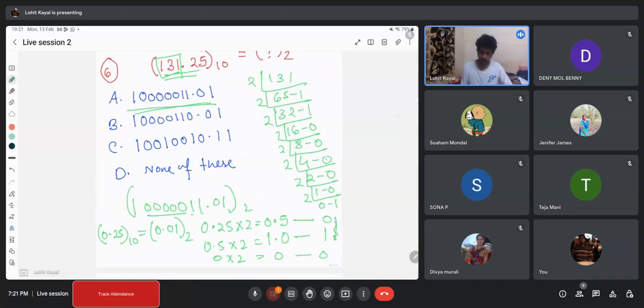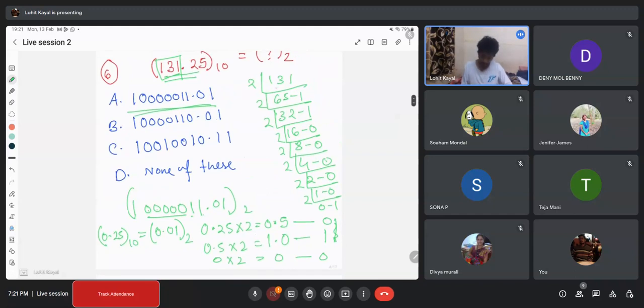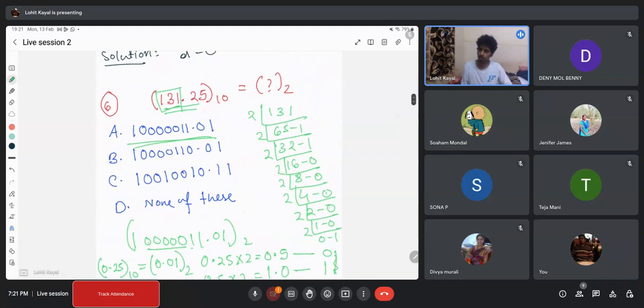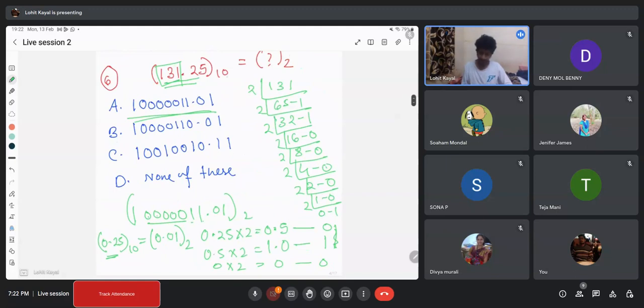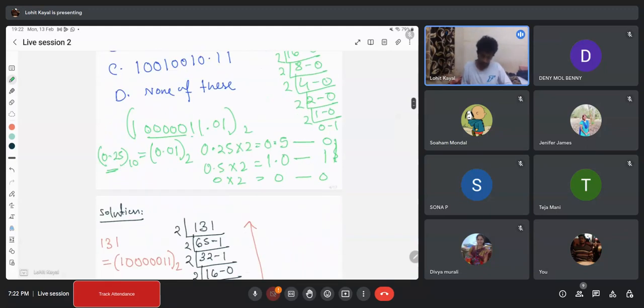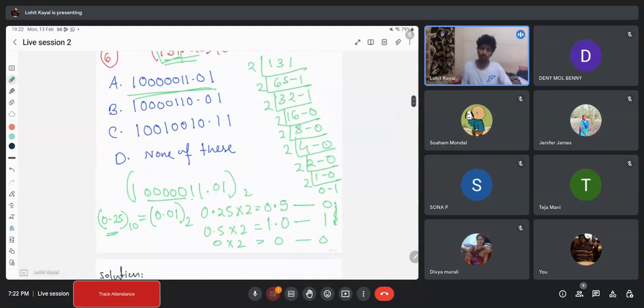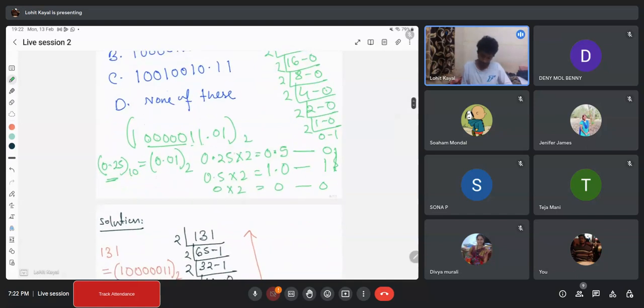Okay, so let me just repeat again. You already know how to convert 131 to the binary number; we have already solved 5 or 6 examples on that. Now we have to convert 0.25, which has base 10, to base 2. Here instead of dividing by 2, we have to multiply by 2. So 0.25 times 2 is 0.5. Here we take the 0, and we are left with 0.5.